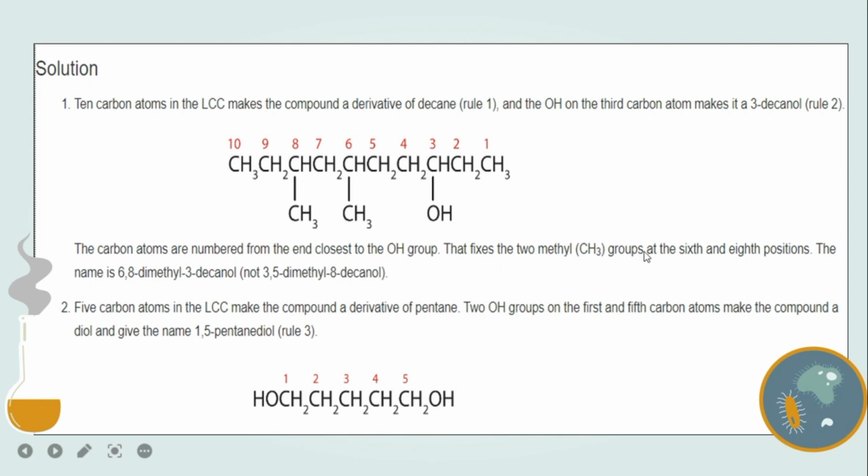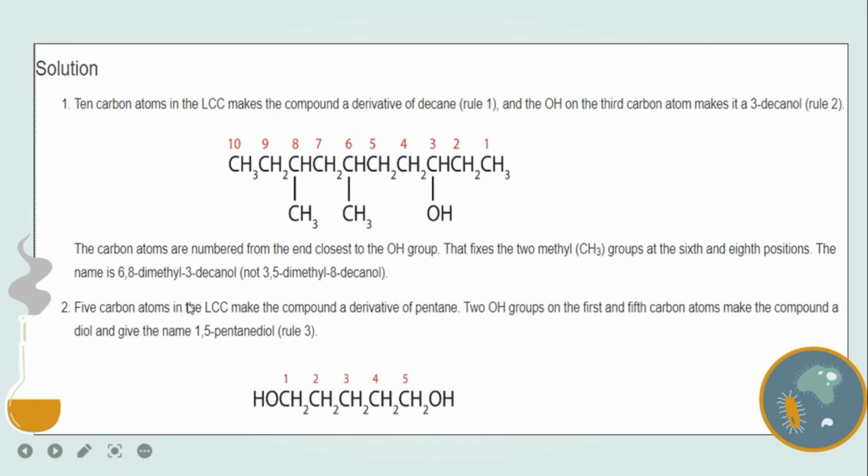And that fixes the two methyl groups at the 6th and 8th positions. As we can see, the CH3, or methyl, is located at the 6th carbon atom, and the other methyl is located at the 8th carbon atom, a total of two methyl groups. So the name is 6,8-dimethyl-3-decanol.